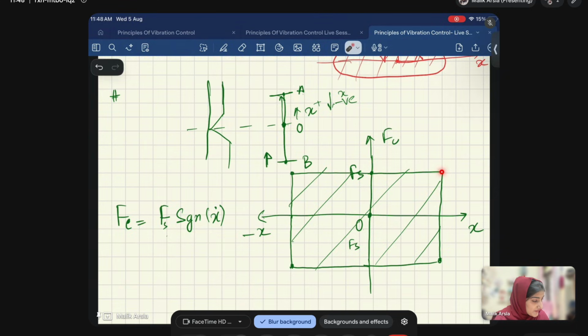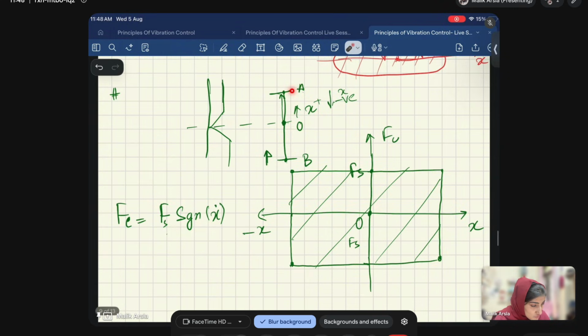So from here it will directly jump to this point. The position is x, but the force has changed its direction to negative F_s. As it moves from this point to this point, the direction and the value of the force remain the same, negative, but x is changing from X to 0.